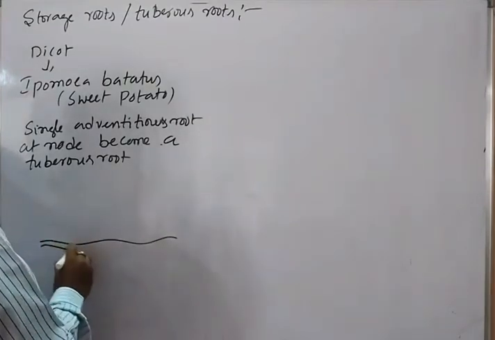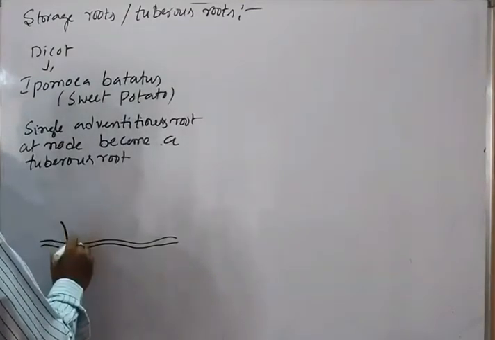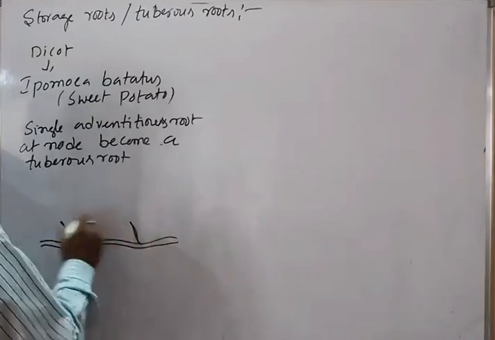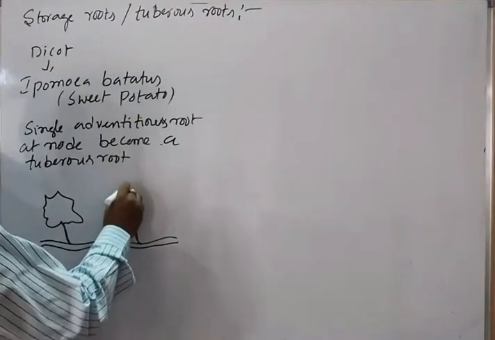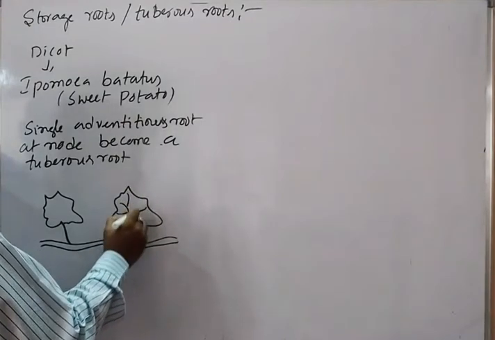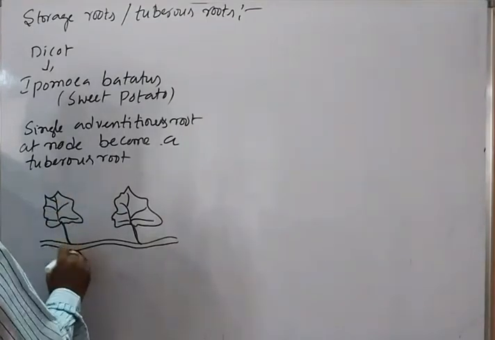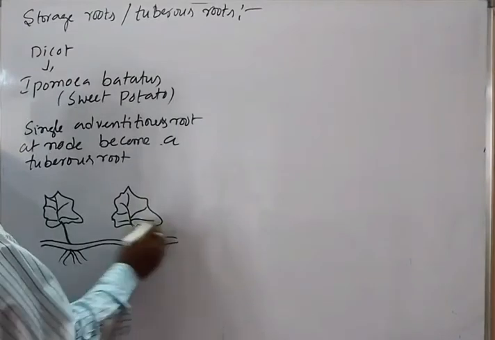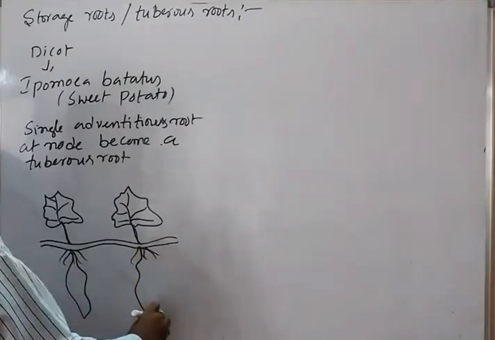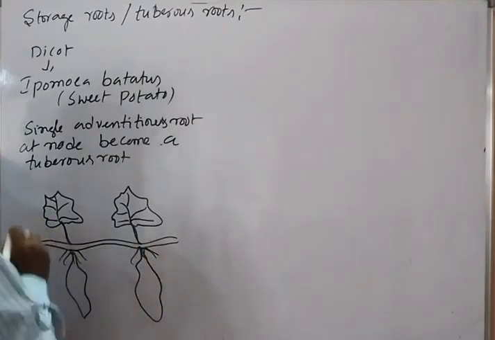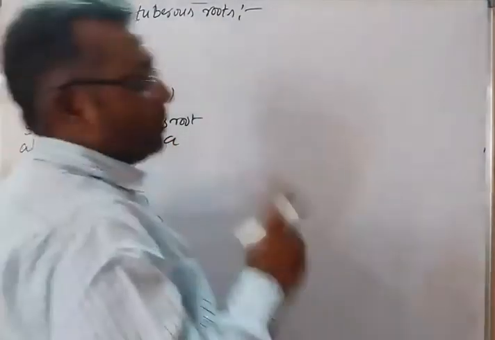Its stem is a creeper. So at every node you can see many adventitious roots like this, but a single adventitious root becomes a tuber. So per plant, many tubers are formed, one tuber for each node.